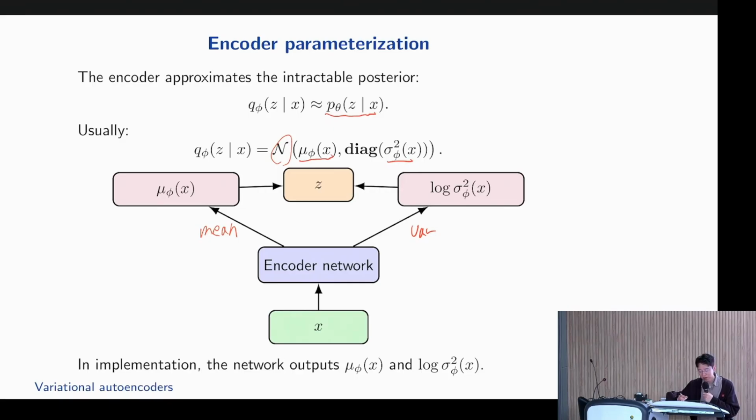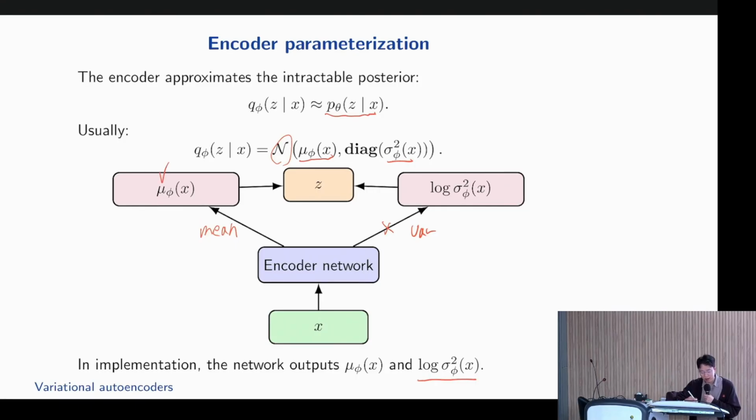Sometimes you do this, sometimes the variance is just a constant output, depending on how you design it. For numerical stability, when we output the standard deviation, we typically output the log of the variance to make it more numerically stable.